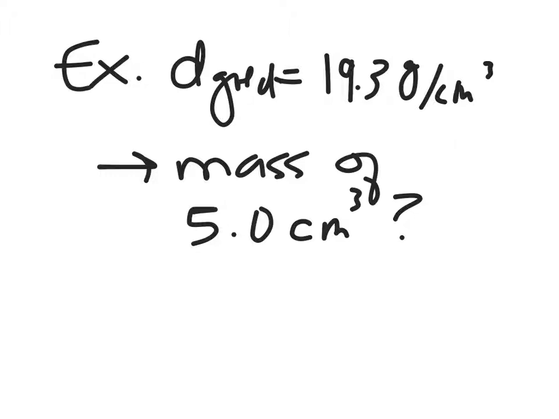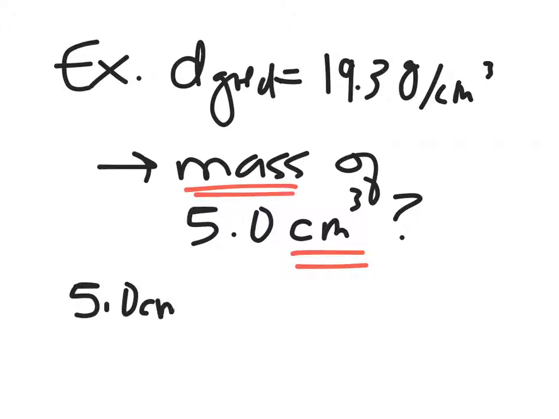So I know when we're doing conversion factors, and in this case we're going to try to convert from our volume of gold to a mass of gold. So we're going to convert from volume to mass. So we're going to start with the number we're trying to convert, which is the volume.